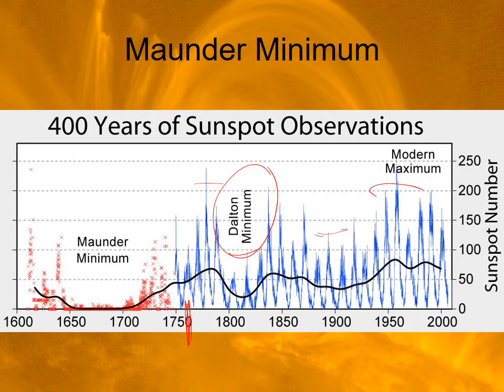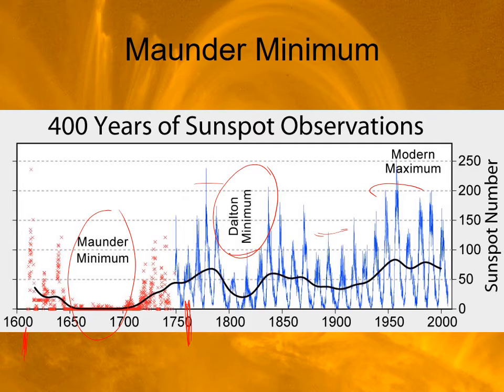So Maunder started looking at historical records all the way back to Galileo in the early 1600s and reconstructing what the sunspot cycle looked like before the daily reporting that started in the mid 1700s. And what he realized was there was a period of time in here in which there was hardly any sunspots.